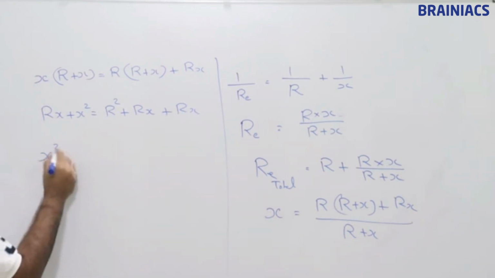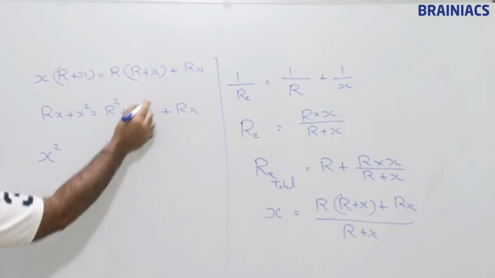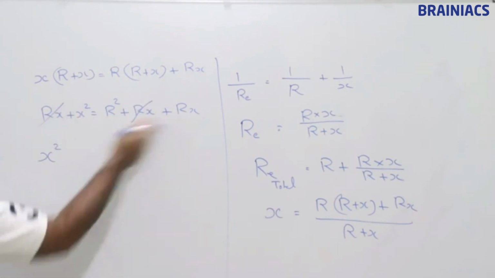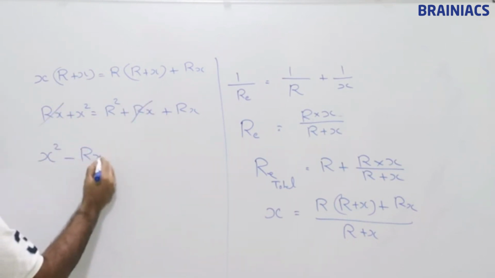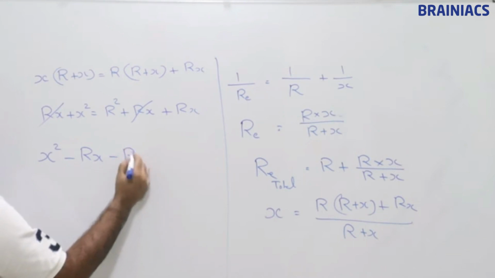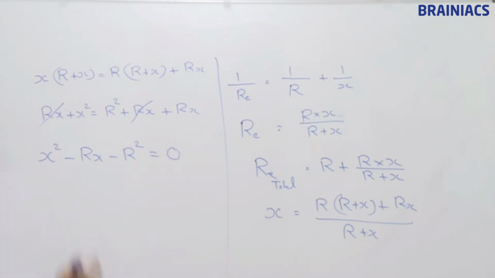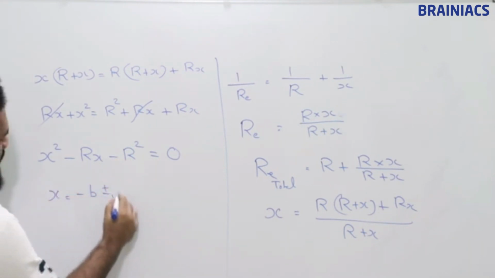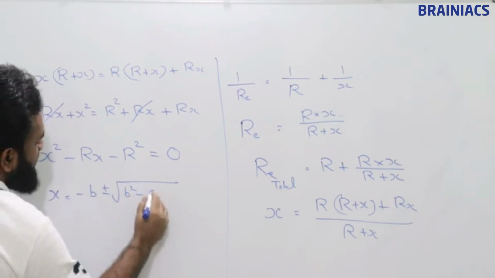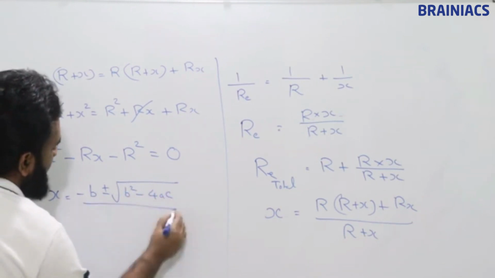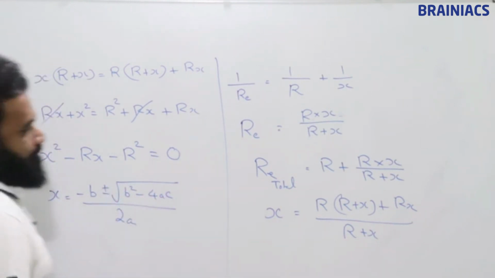So one Rx will be cancelled off, and bringing this to this side, X square minus Rx minus R square is equal to 0. Now this is a quadratic equation. So X is equal to minus B plus or minus root of B square minus 4AC divided by 2A.